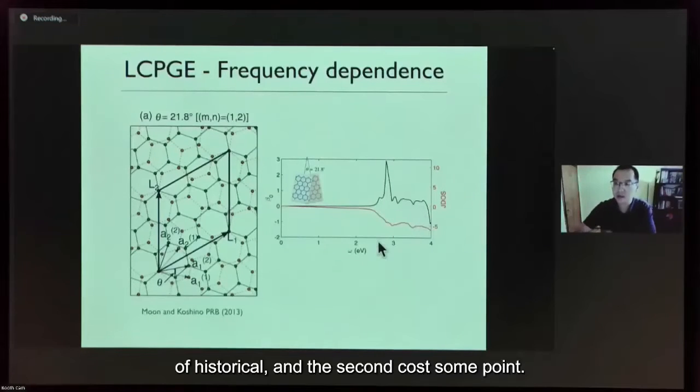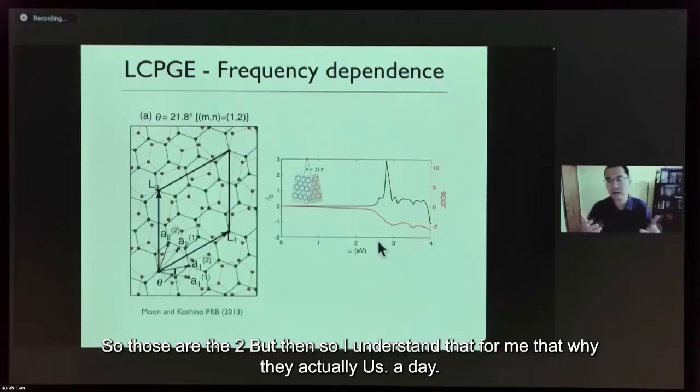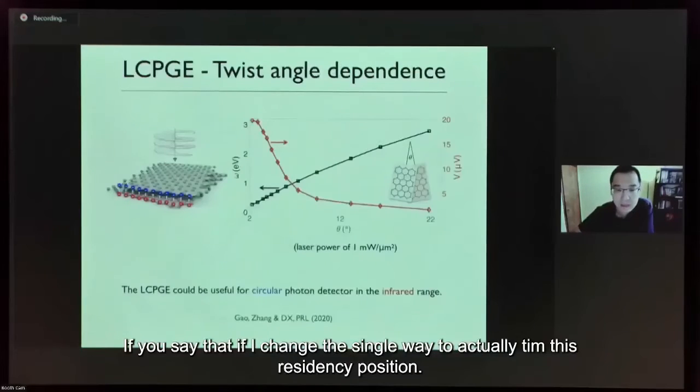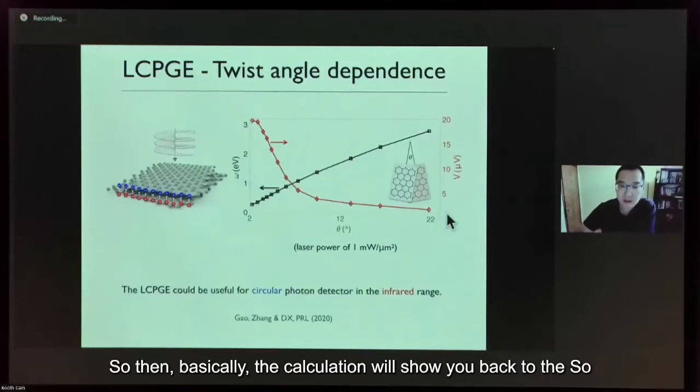To understand why there should be a resonance peak is very important, because if I change the twisting angle, it gives me a very simple way to tune the resonance peak position. So this is the calculation we show that gives you the twisting angle dependence.